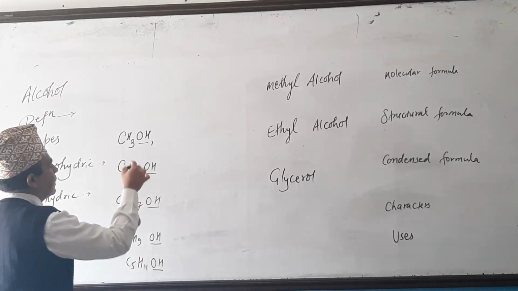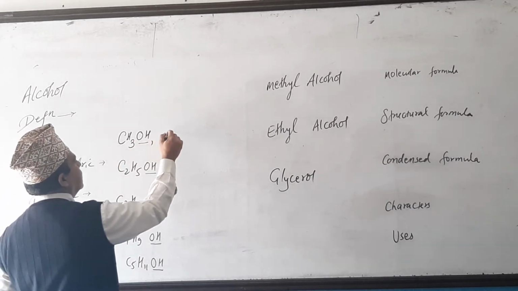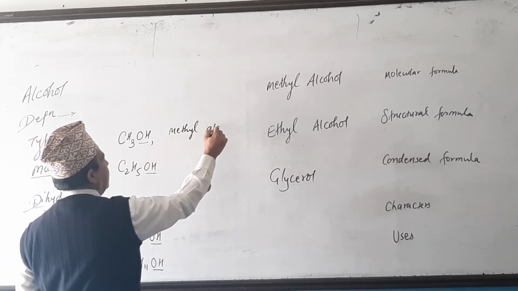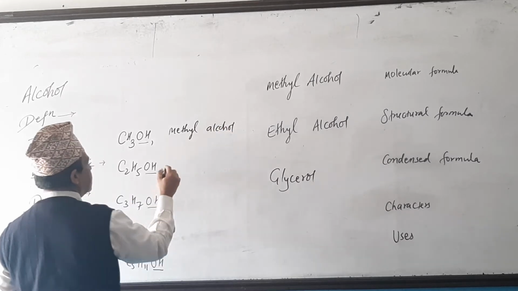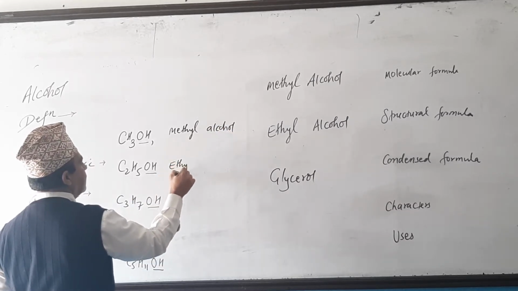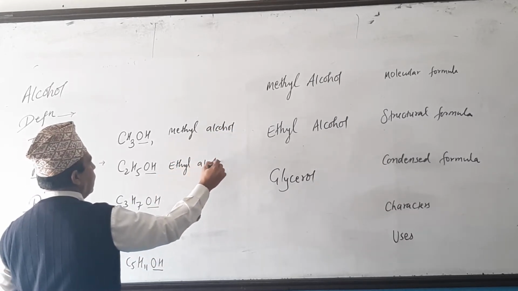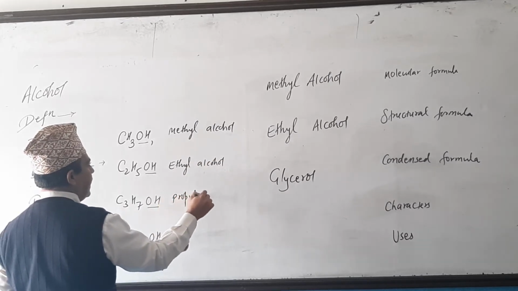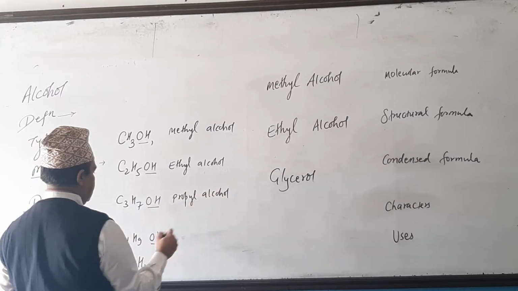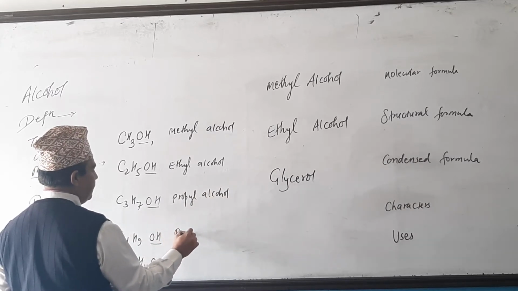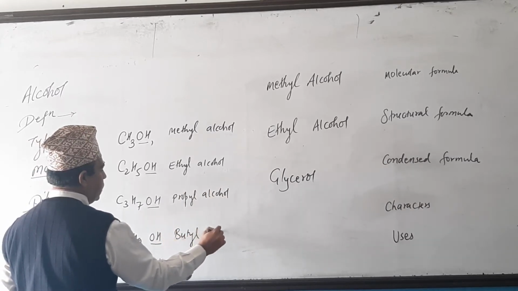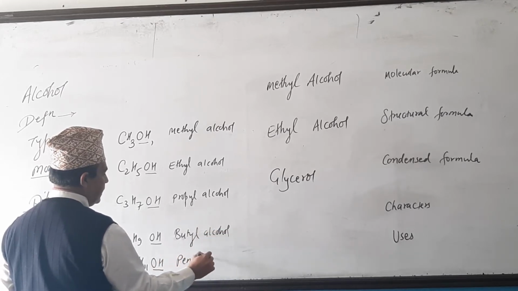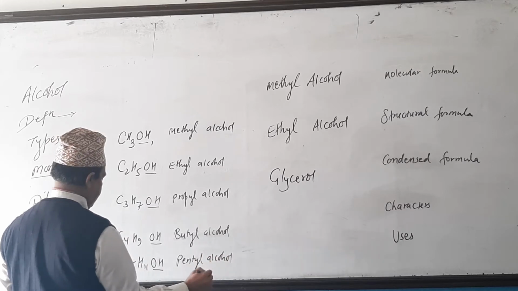So, these are alcohols: methyl alcohol, ethyl alcohol, propyl alcohol, butyl alcohol, and pentyl alcohol.